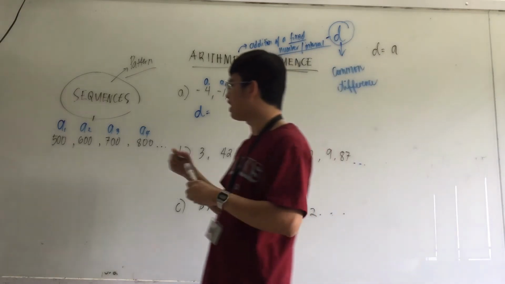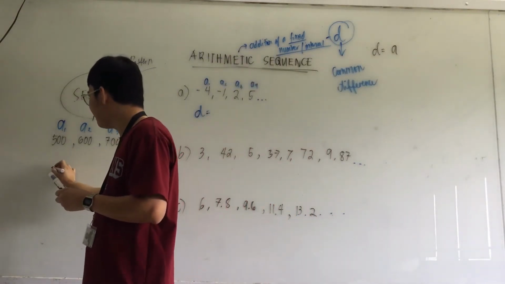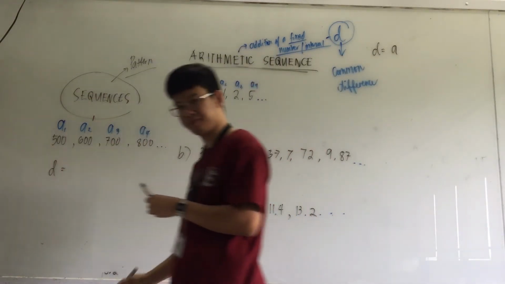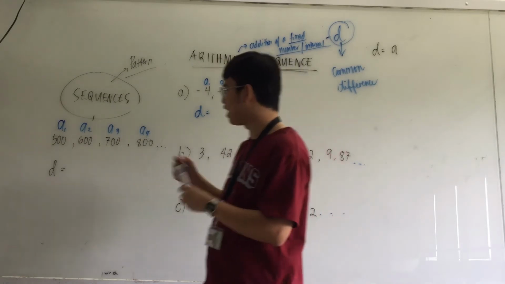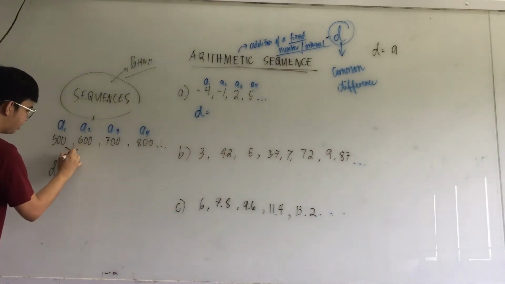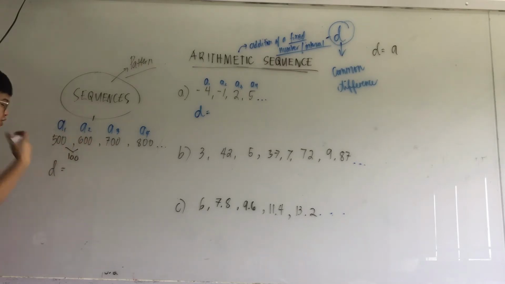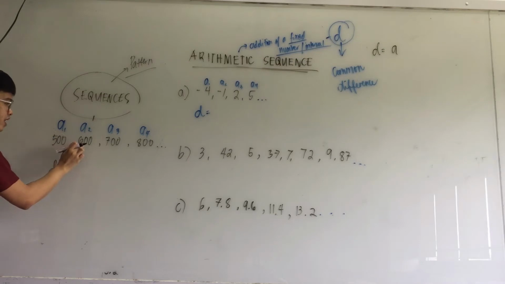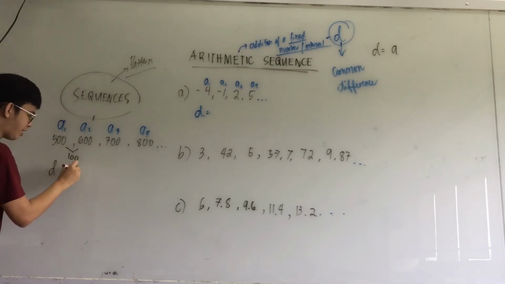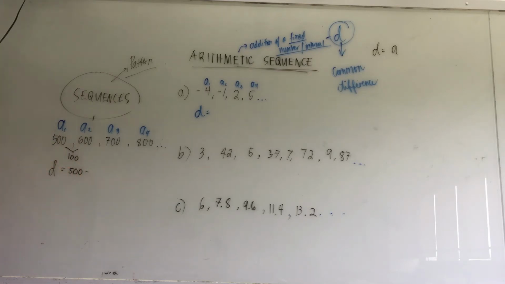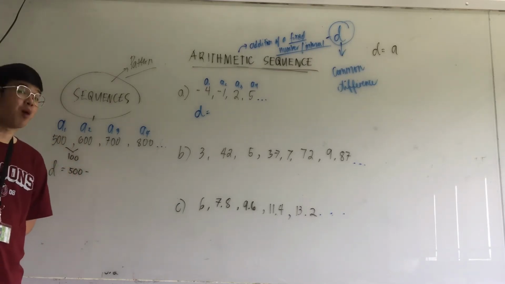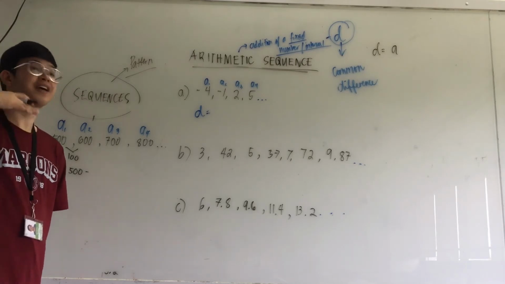For you to get the common difference, the idea is, for you to get 100 here, technically you need to subtract this one and this one. Subtract 500 from 600. Again, the idea here is to find the common difference, not the next term.